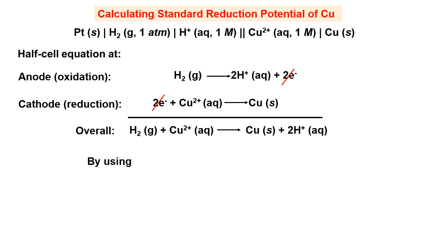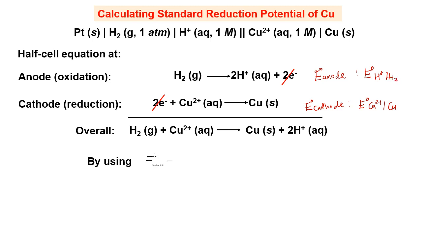Like we have stated before, this is our anode and this is our cathode. Our cathode is Cu2 plus to Cu. Our anode is H2 to H plus.